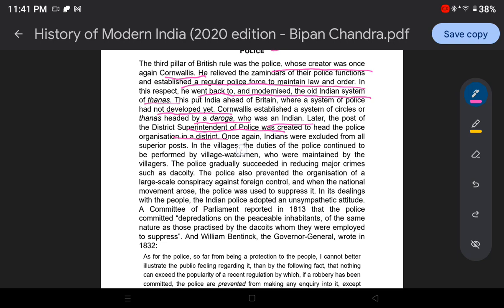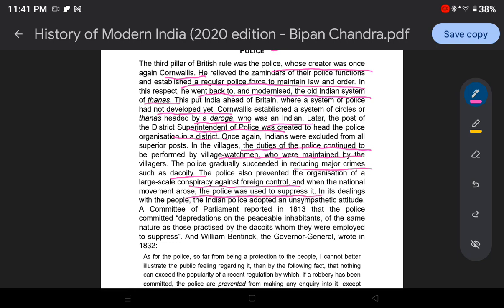In the villages, the duties of the police continued to be performed by village watchmen who were maintained by the villagers. The police gradually succeeded in reducing major crimes such as dacoity. The police also prevented the organization of a large scale conspiracy against foreign control, and when the national movement arose, the police was used to suppress it.